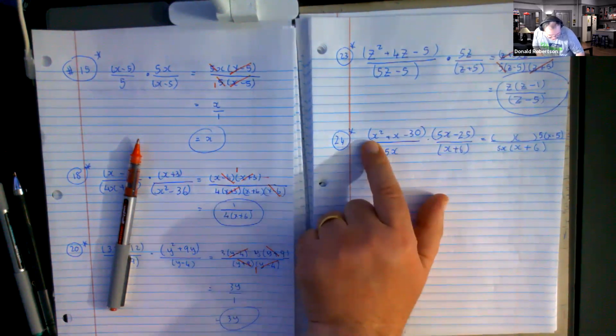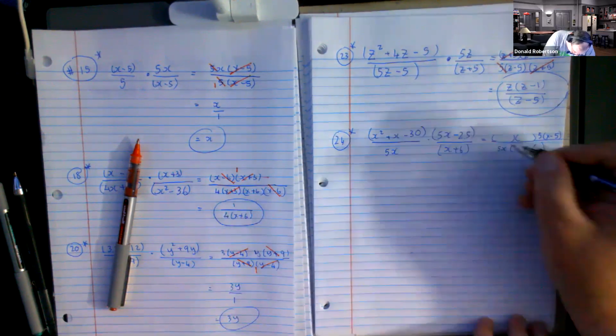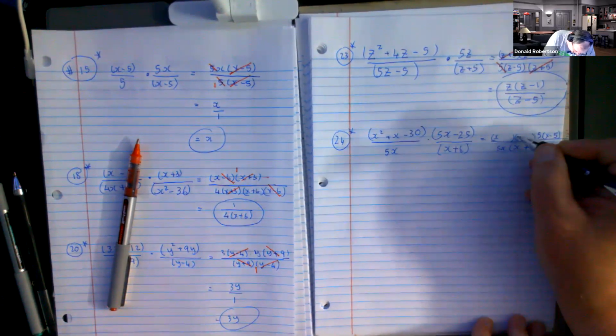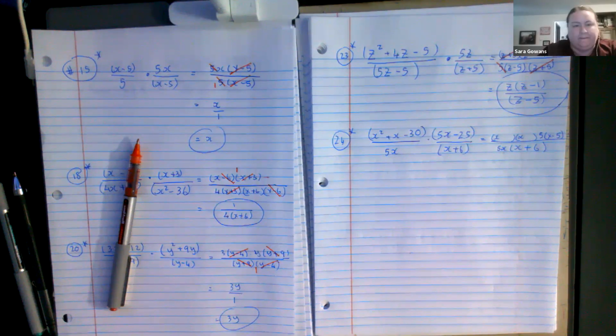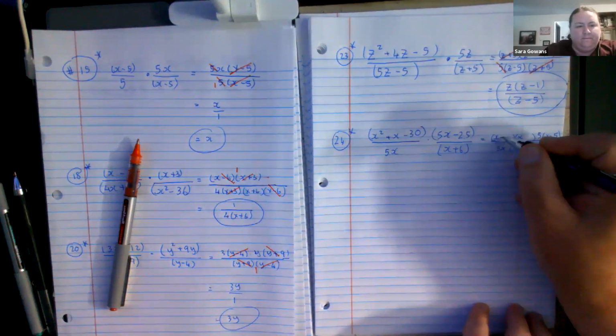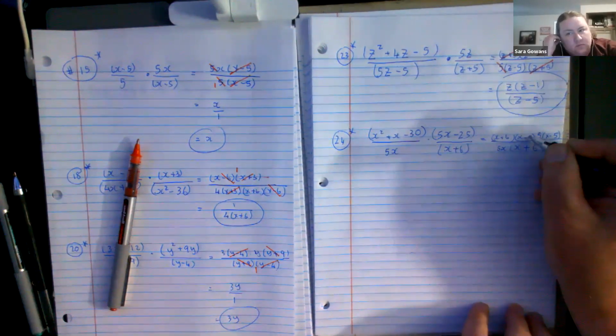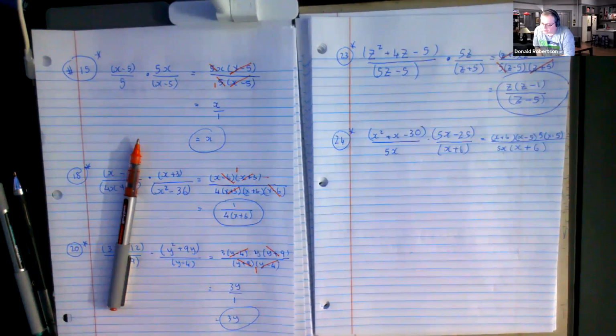X squared plus x minus 30. What two numbers multiplied together give you negative 30, but when you add them, you get plus 1? 6 and negative 5. That's the combination.